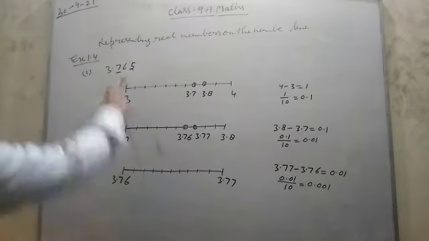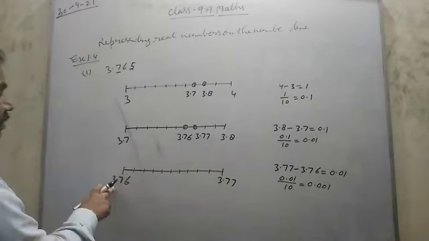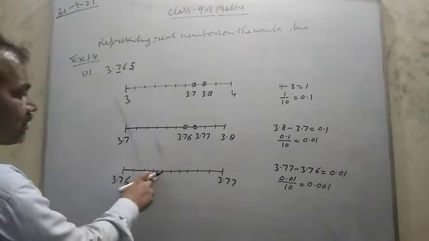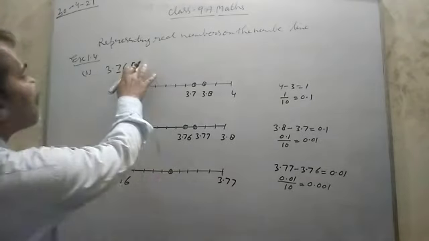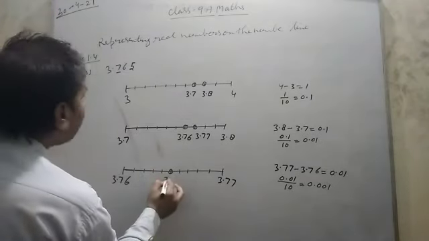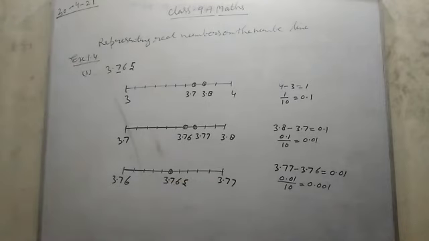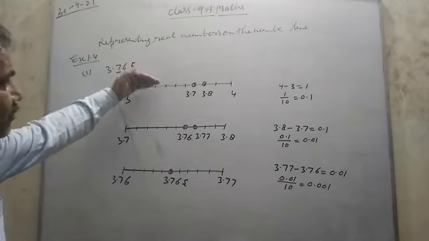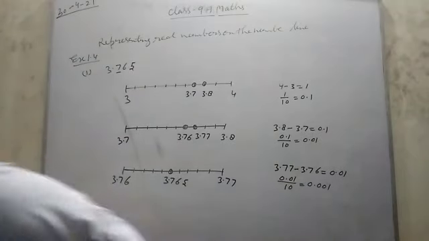So here 5 means 5 parts. The first part will be 3.761, 762, 763, 764, 765 exactly. After that there is no digit, so stop here. So 3.765. After the decimal, how many digits? 1, 2, 3. So in how many steps? 1, 2, 3.